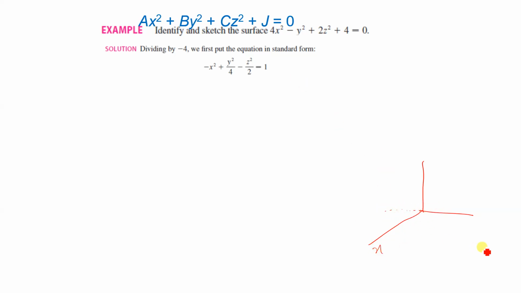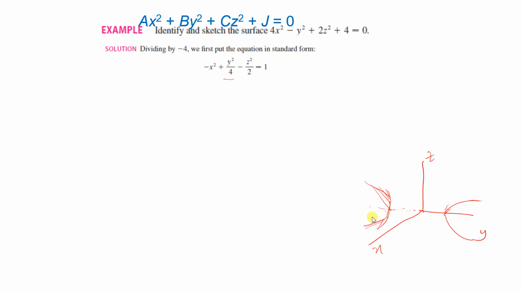But this is the x-axis, this is the y-axis, this is the z-axis, and the positive term here is for y square. It means the axis of symmetry would be the y-axis. So this is a hyperboloid of two sheets. So one piece would be there and another similar piece would be there. So it will look like this.